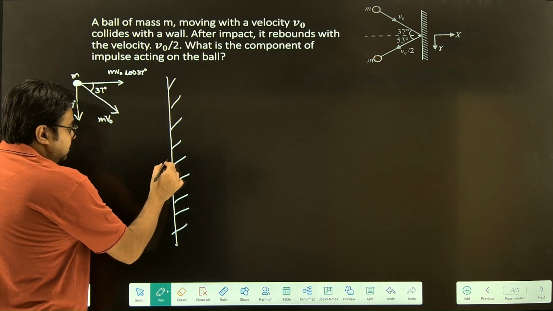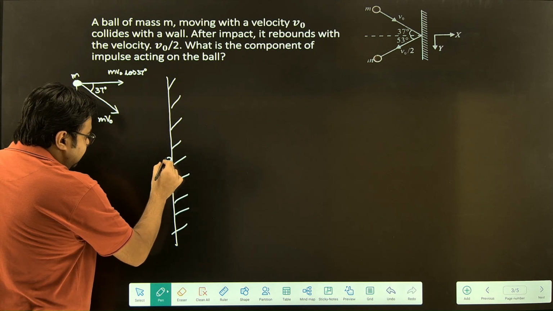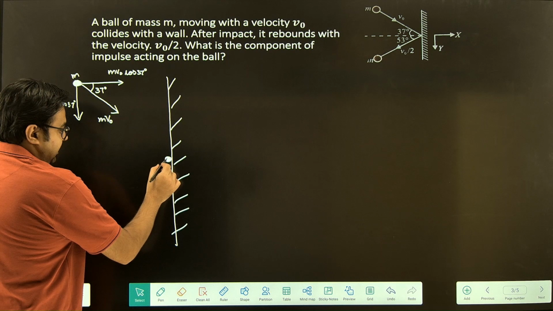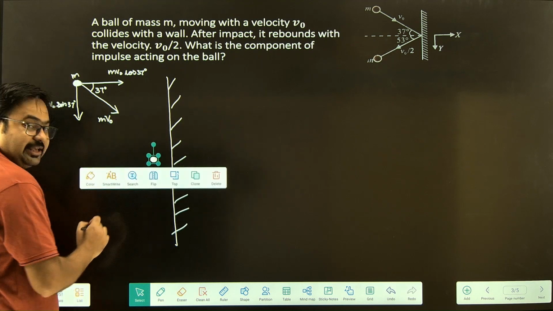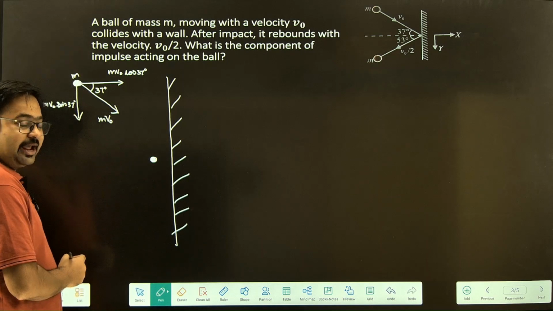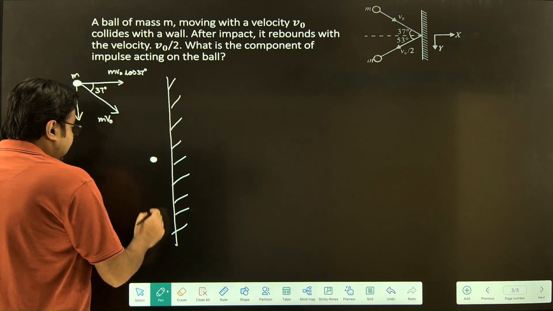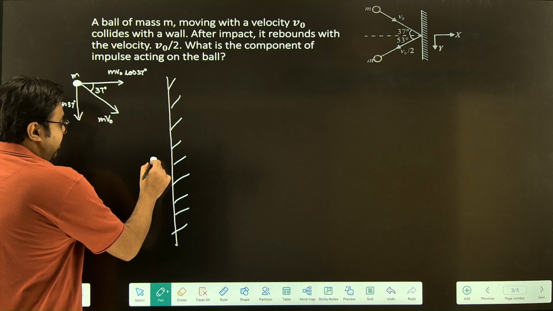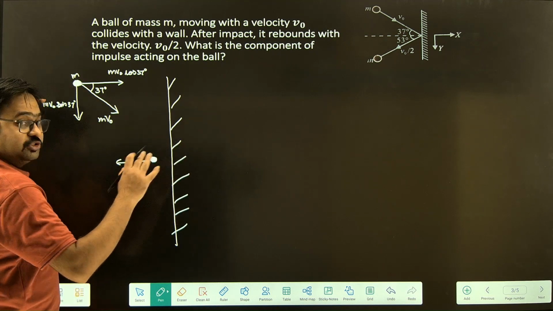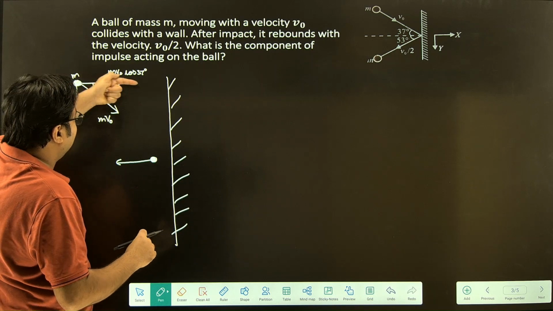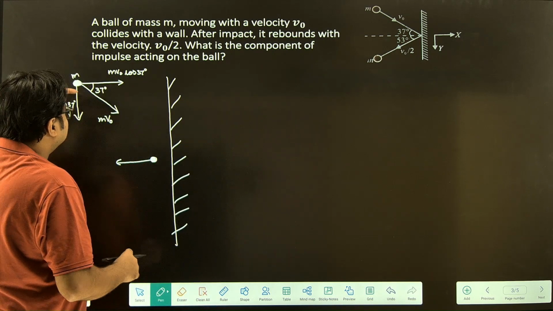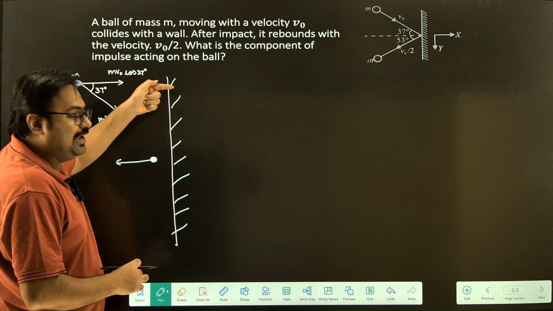And the ball bounces. It goes this way and then it bounces. I'll keep it here so that you can see what are the impulses that are acting on it. Let me say that there is an impulse due to the wall in that direction. If you just look at the ball traveling only along the x-axis, of course it's traveling along both x and y, I'm just talking about the ball traveling along the x-axis.